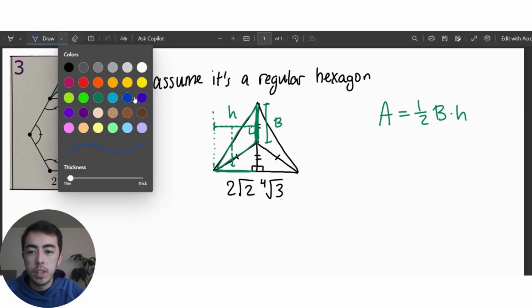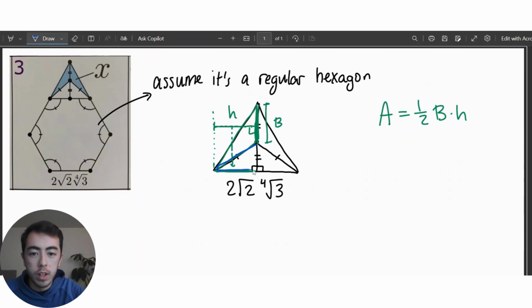Now if I take a look at this triangle right here, maybe I could call this part my base because it's the flat part. And then the height is perpendicular to the base. Both of these formulas use the exact same lengths because we were told that these were congruent. And then we can see that this length is the same as that one. So ultimately, these small triangles down here have the same area as these triangles up here.